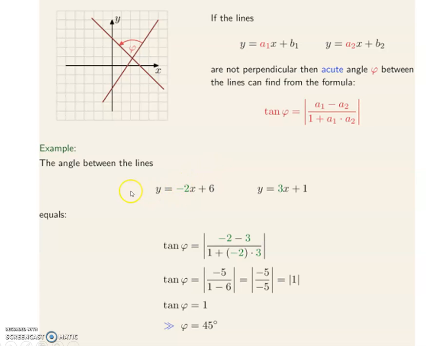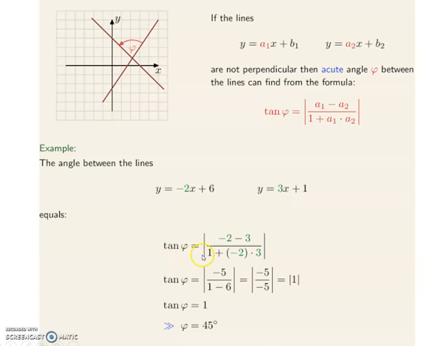Now for this purpose an example is given. Find the angle between the lines y is equal to minus 2x plus 6 and y is equal to 3x plus 1. Here a1 is equal to minus 2 and a2 is equal to 3. We have to put the values.